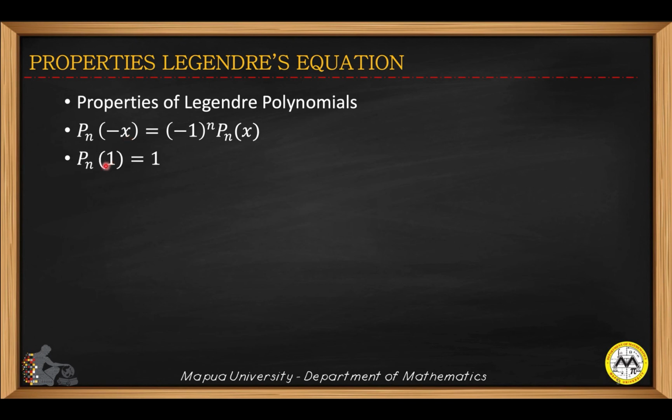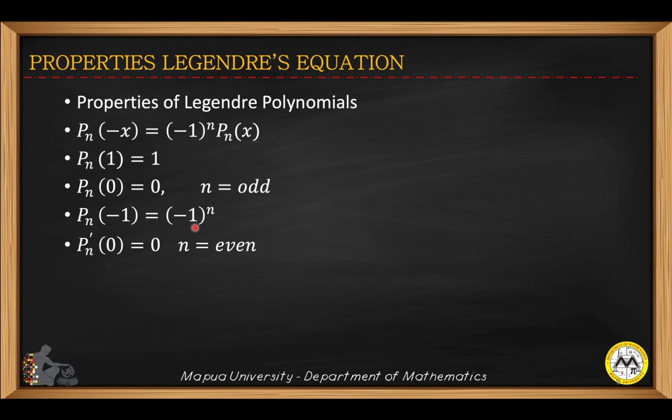And P sub n at x equals 1 will always be 1. When x is equal to 0, P sub n will always be 0 when n is odd. And P sub n at -1 will always be -1 raised to n.